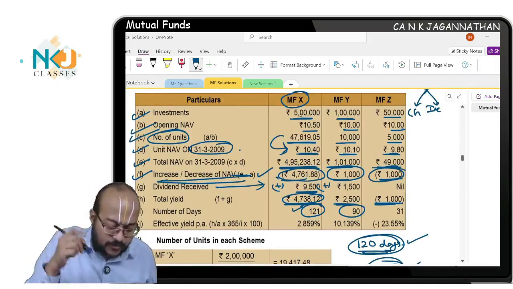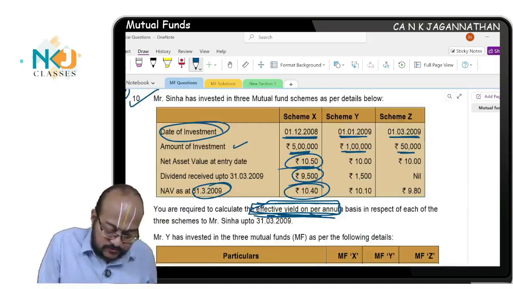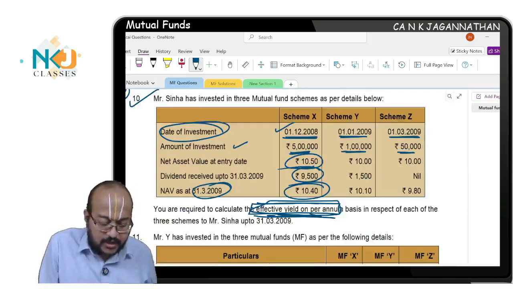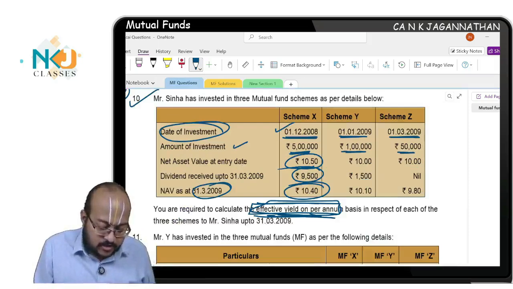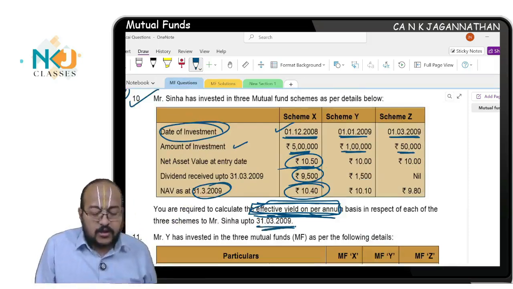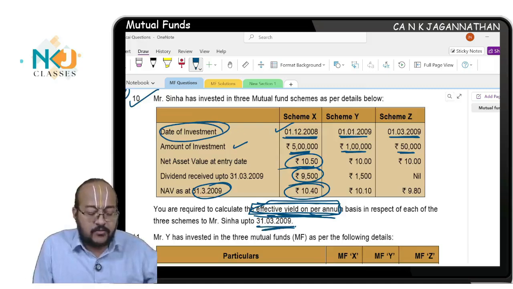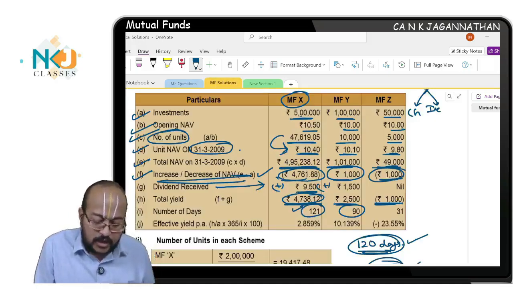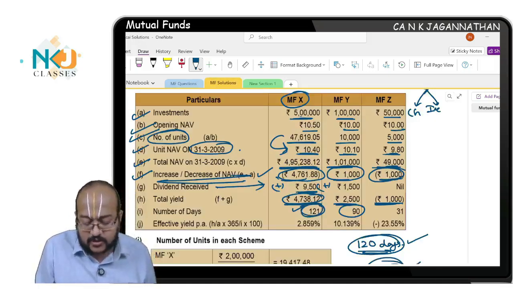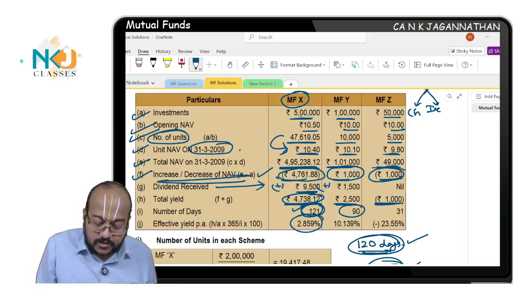Date of investment is important. From 1/12/2008, I am holding it till 31/3/2009: December, January, February, March, 4 months, and it comes to 121 days. I am computing the return. Then this is 90 days, this is 31 days.